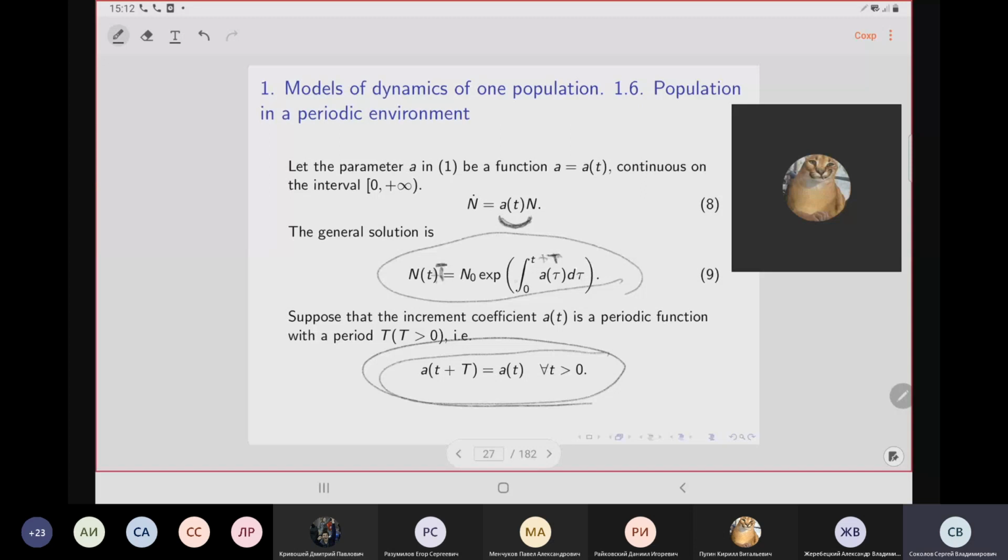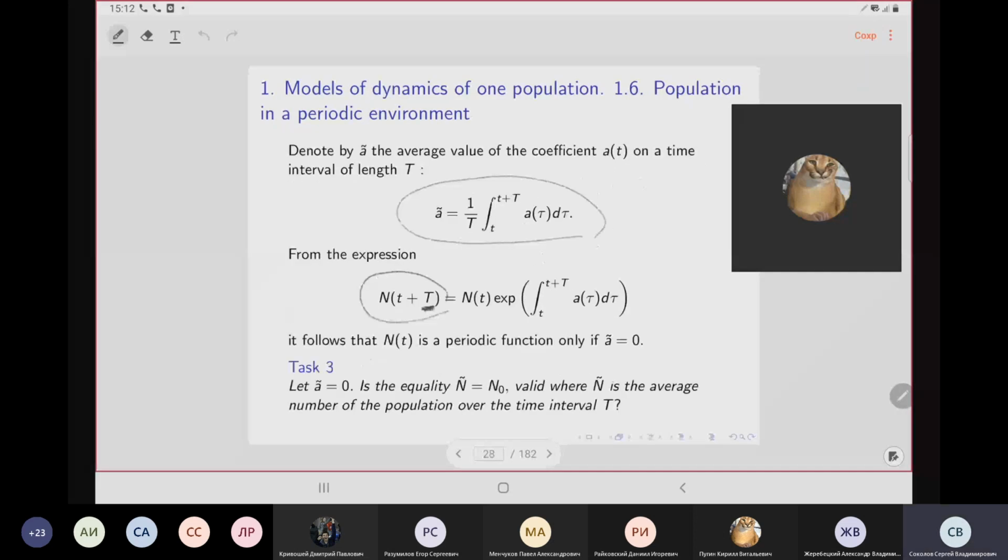We can divide the integral into two: the integral from 0 to t plus the integral from t to big T. And the exponent of a sum is the product of exponents. And so n of t plus period is n of t times the exponent along the period.